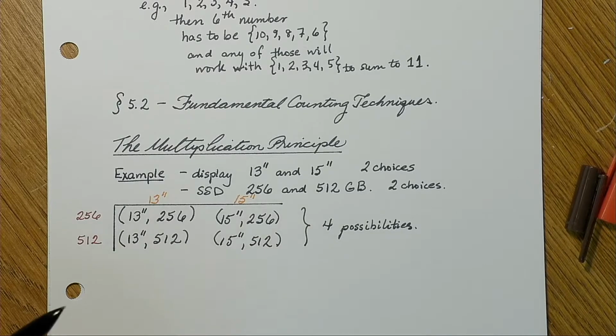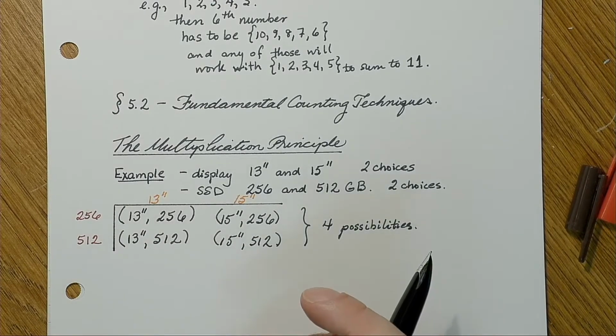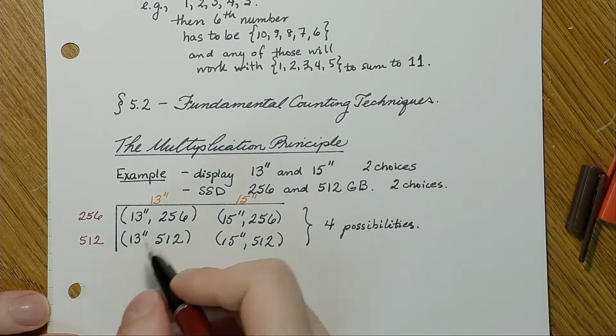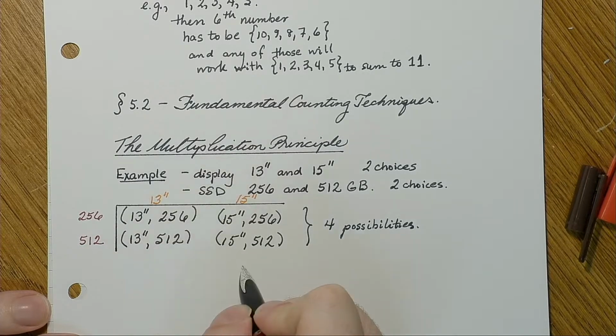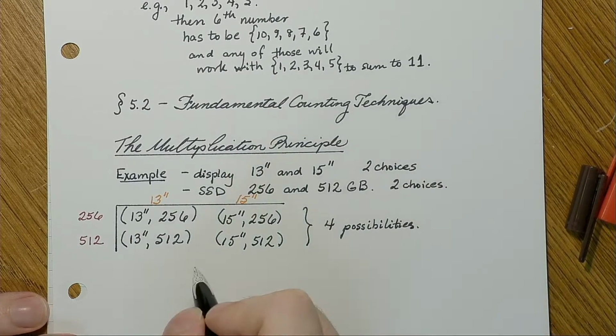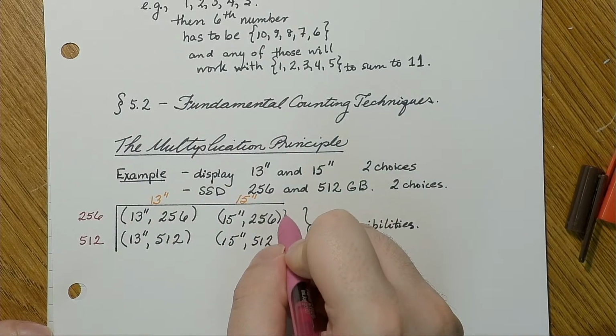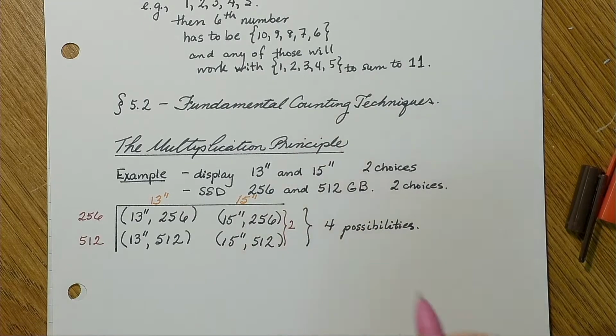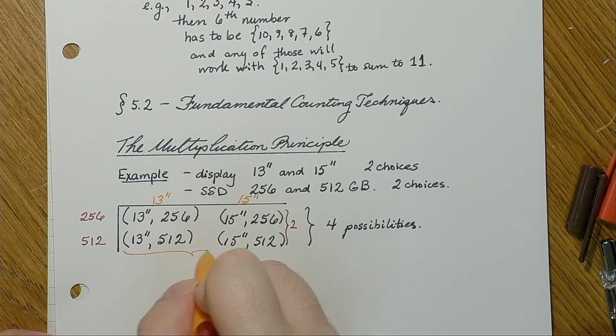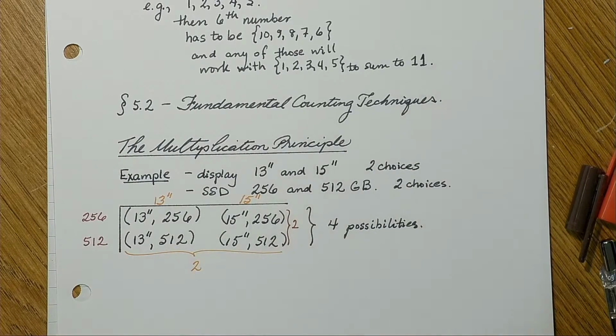So what we have seen here is we've got basically a table, and the number of entries that are in that table is, I have 2 for this one and 2 over here.